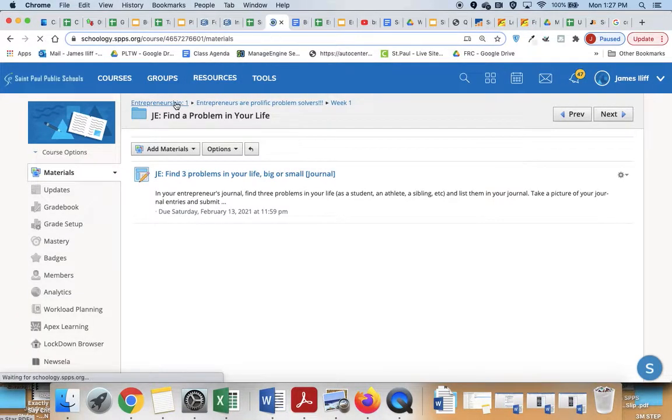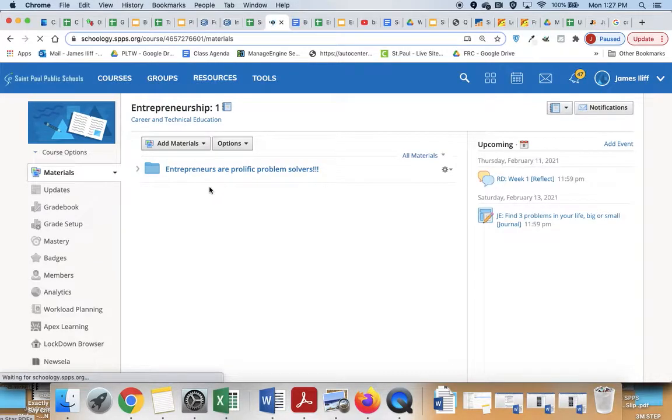You are going to log into your Schoology site and you're going to see a folder called Entrepreneurs Are Prolific Problem Solvers. And I love this quote, and this is a motto that we're going to live by all semester, that we entrepreneurs are prolific problem solvers.